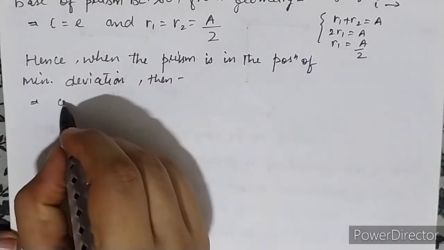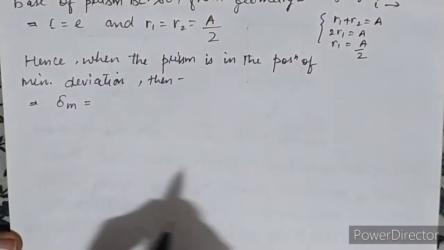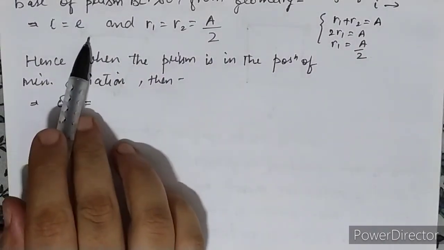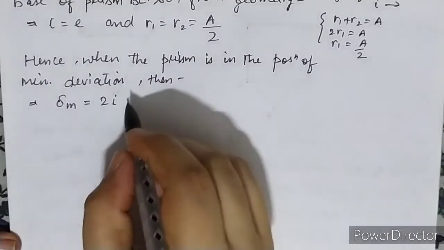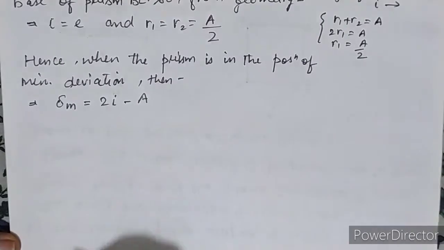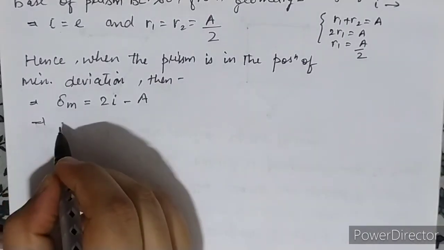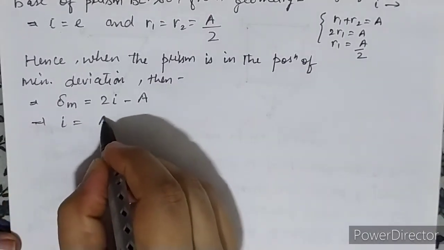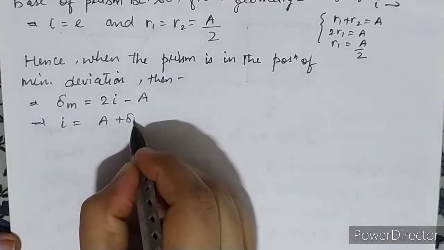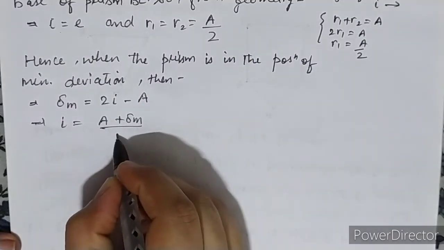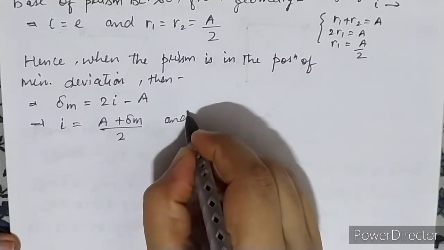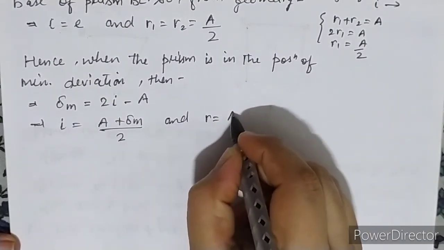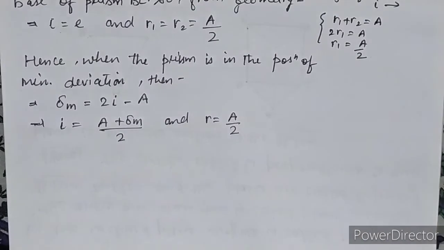So del m is I plus E, both are the same from our condition, so it will be 2I, and R1 plus R2 is your A, so it will be A. So from here I will be A plus del m upon 2, and we are also taking the relation that R is equal to A by 2.